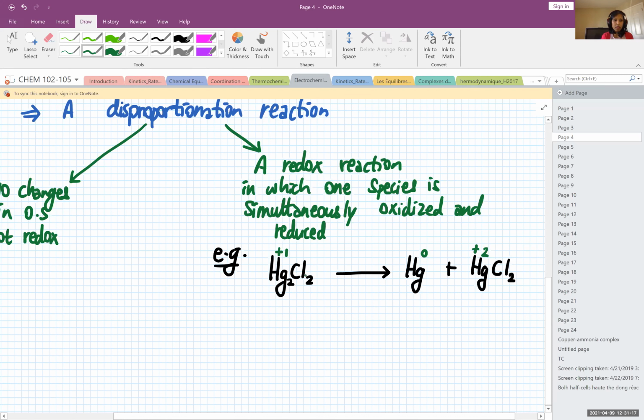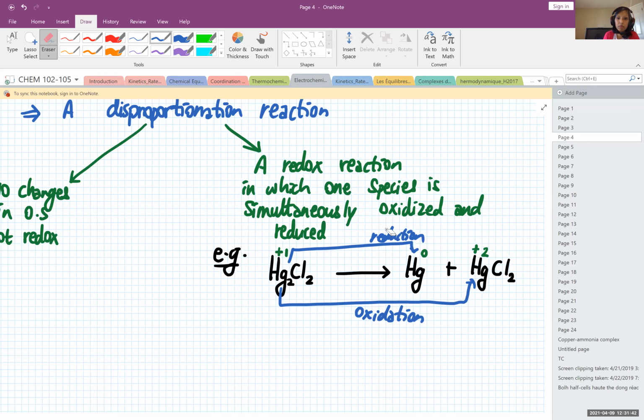Going from the initial one to one compound, it sees a decrease in its oxidation state, and when it makes the other one, we see an increase in its oxidation state. Okay, so from here to here, that's reduction. Okay, and from here to here, this is oxidation.